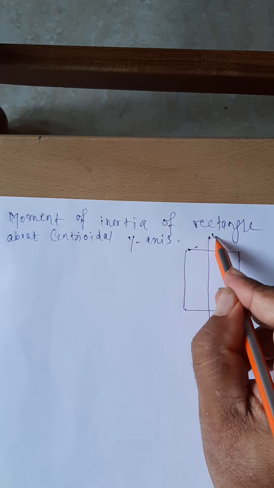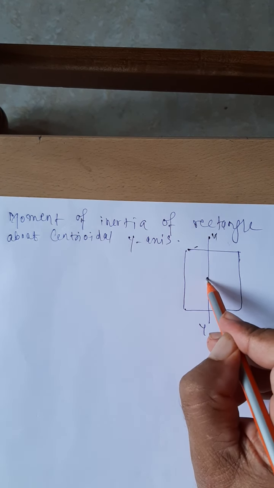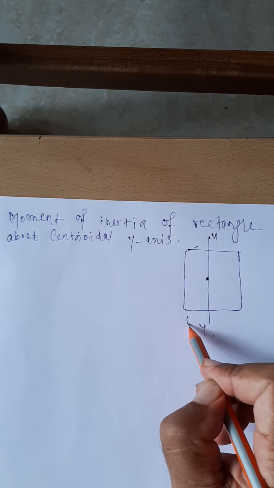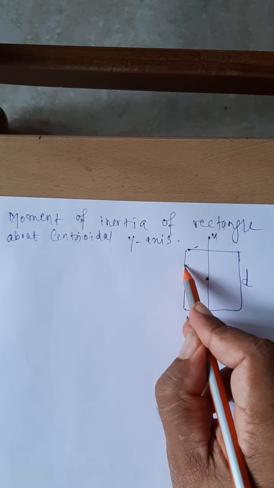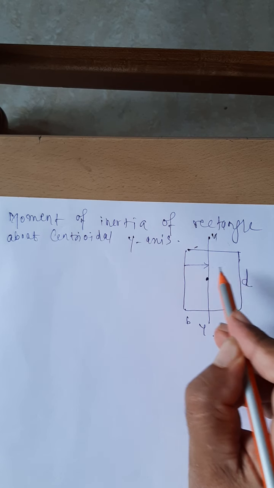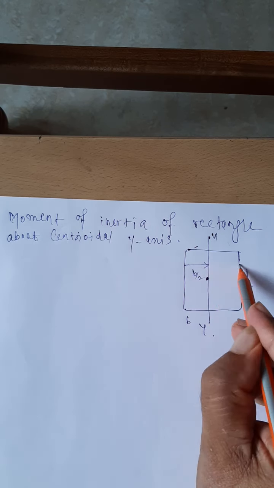Yes, this is what my y-axis is. Where is the location of the centroidal y-axis? If this happens to be B and this is D, it is located at a distance of B by 2. Right or not? Here also it is B by 2.